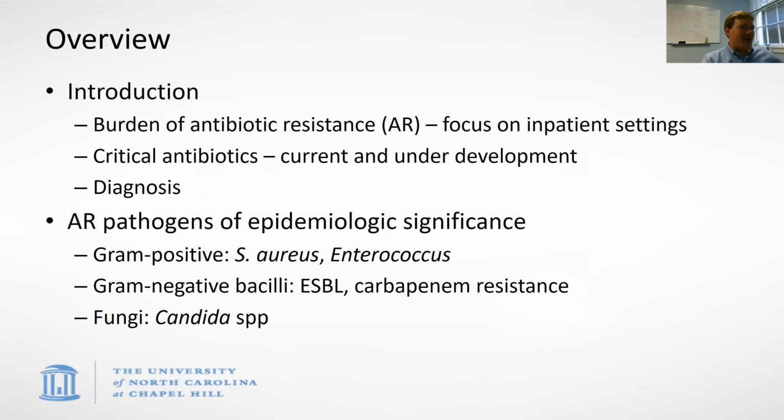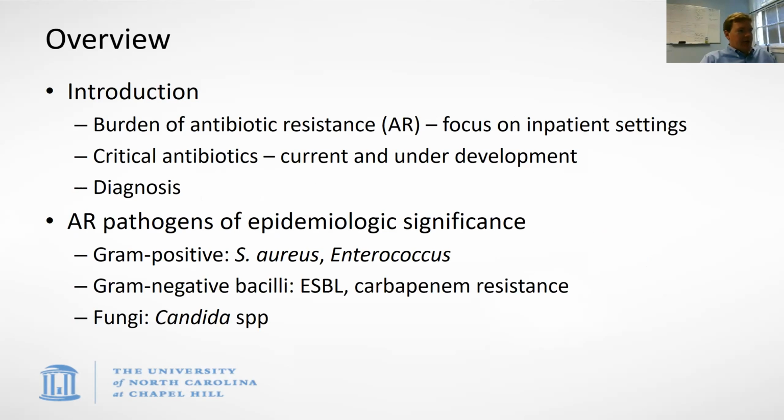All right. So just a quick overview. I want to talk a little bit about the burden of antibiotic-resistant organisms, mostly bacteria, but some fungi. I'll talk a little bit about critical antibiotics, including ones that are currently in use, and a little bit about new development. And I'll talk about diagnosis of antimicrobial resistance.